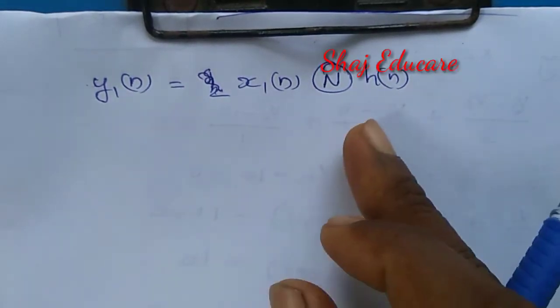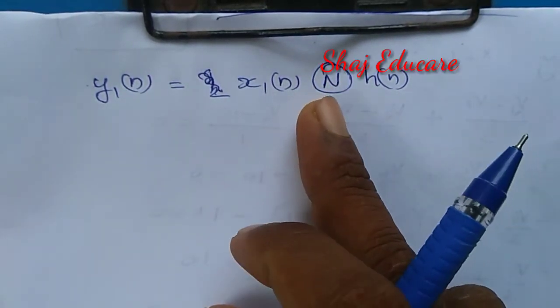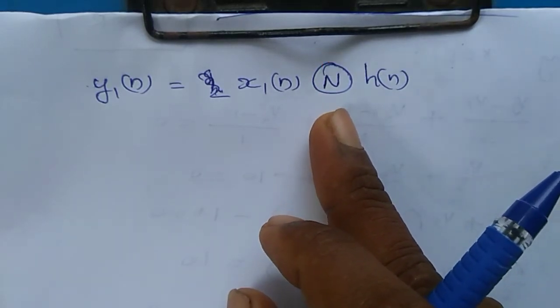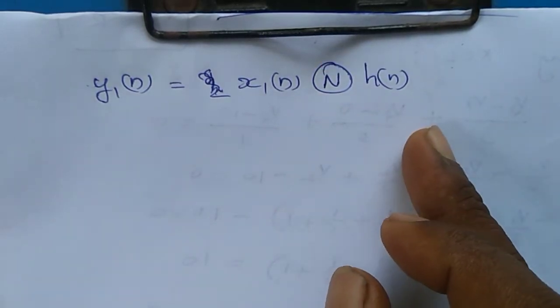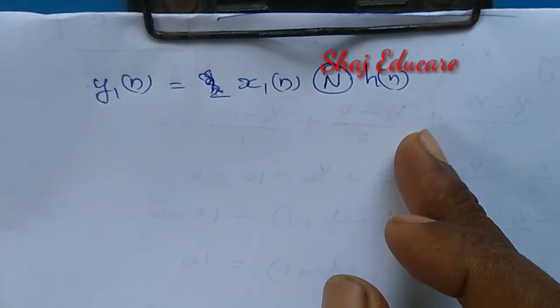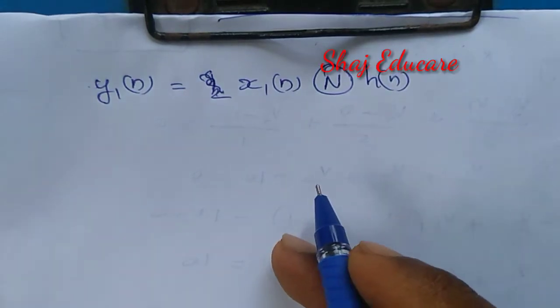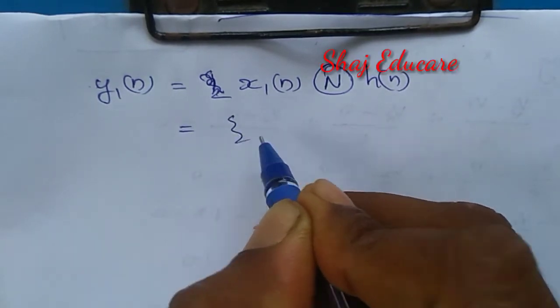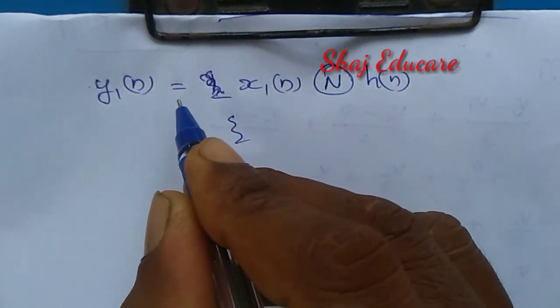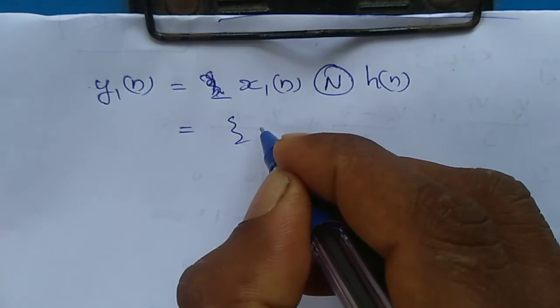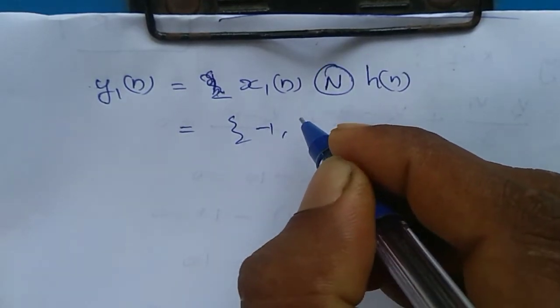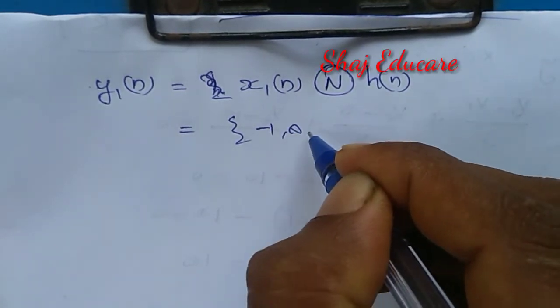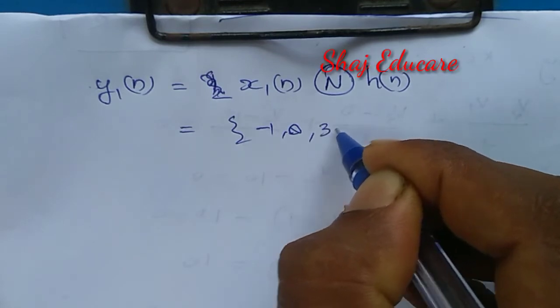We can find the circular convolution either using the concentric circle method or using the matrix multiplication method, whichever it may be. Now I'm going to write the final result of the circular convolution. The details of performing circular convolution are available in my previous video.